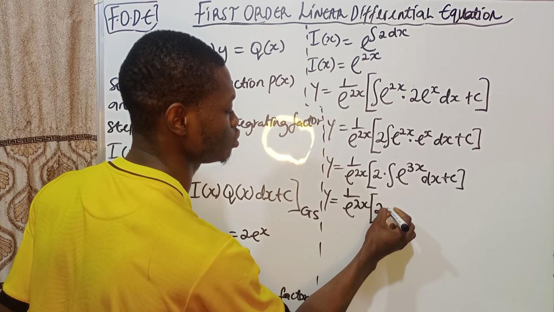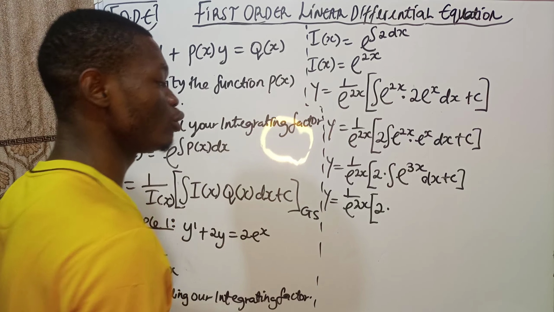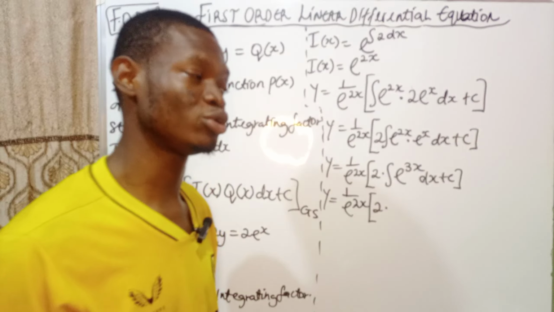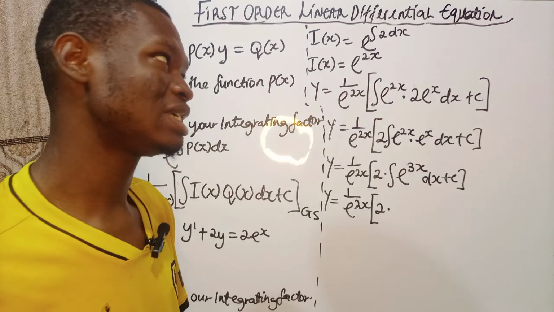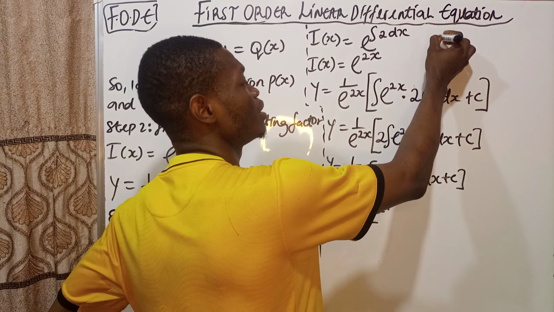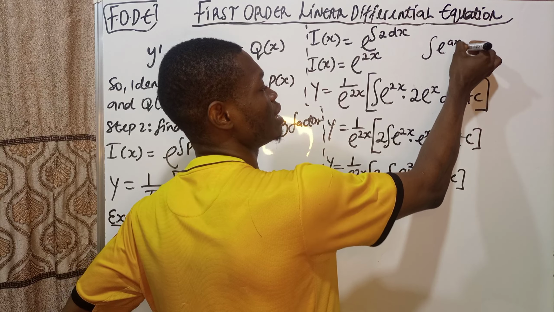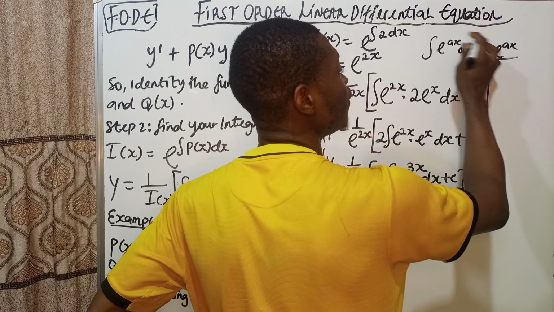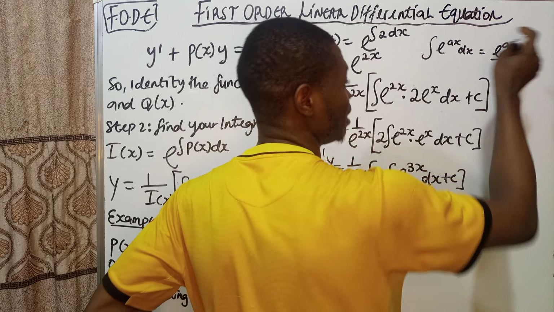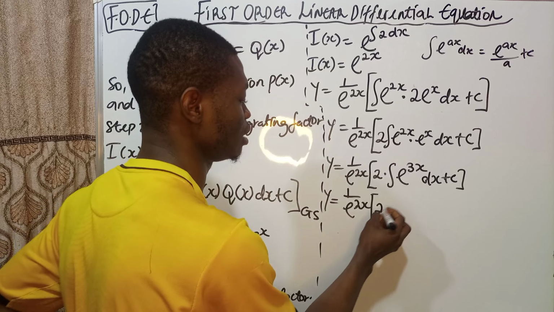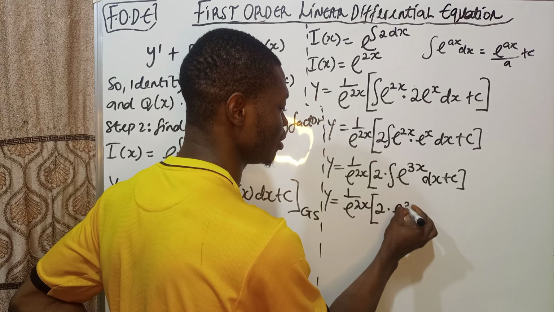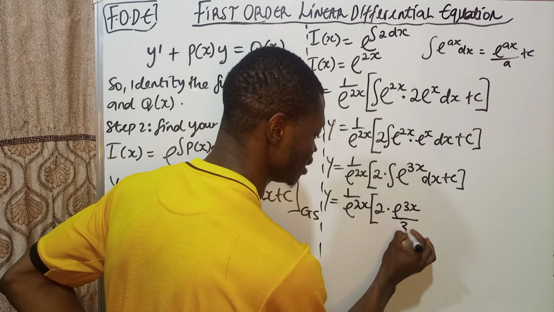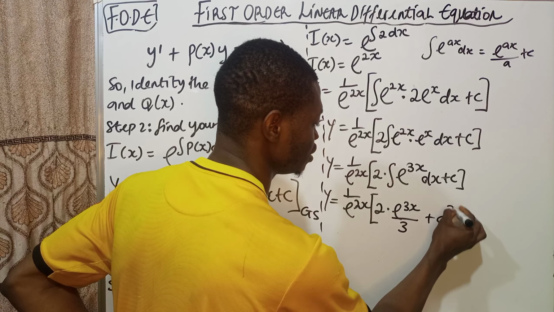If you like, you can use substitution, but it will waste our time. There's a standard integral that says the integral of e raised to the power of ax dx is e raised to the power of ax all over a, plus your arbitrary constant. So we are going to use it here. It will now be e raised to the power of 3x all over 3, then plus c.